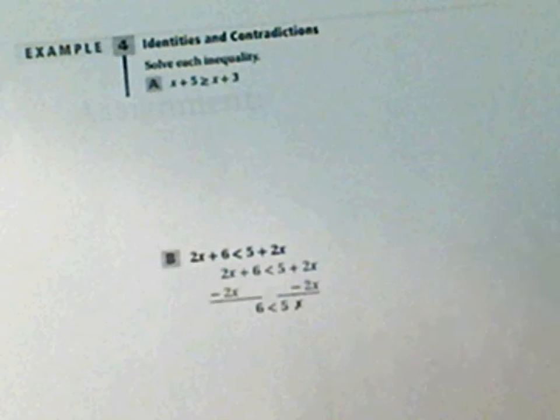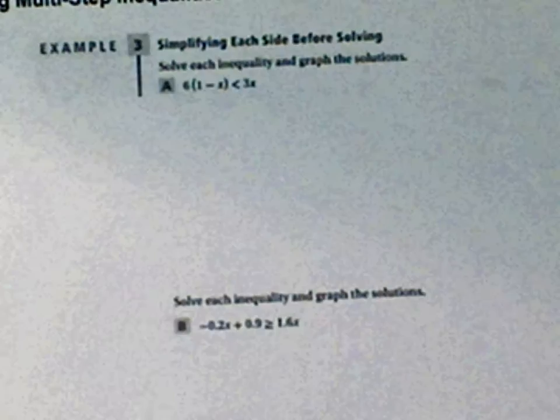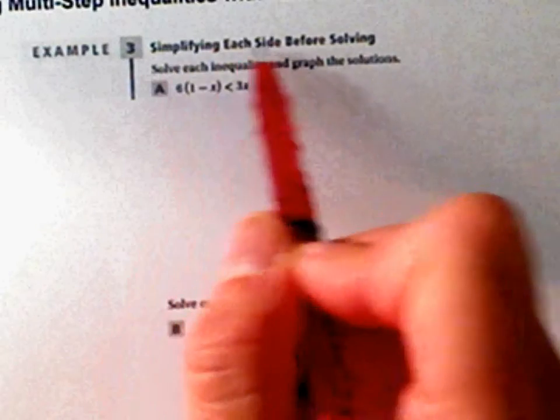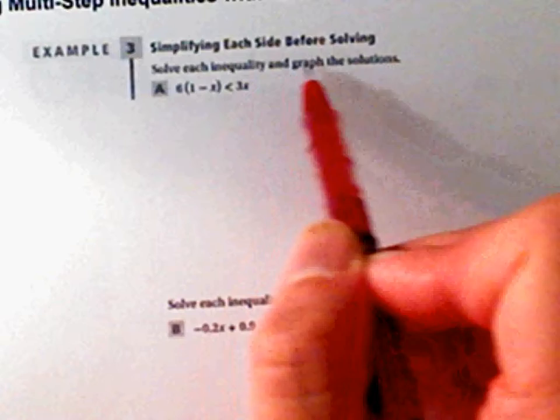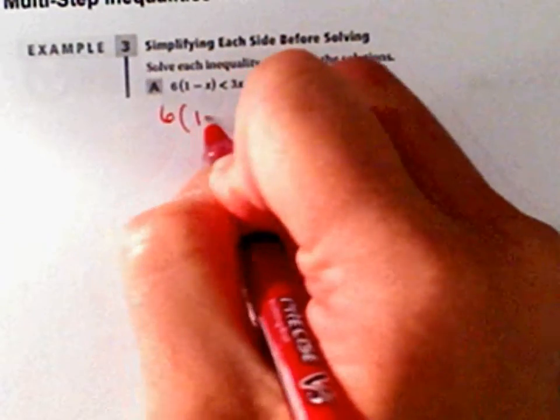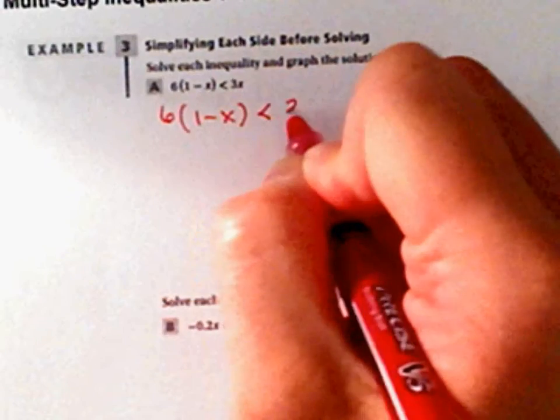Now write down example number 3. It says simplify each side before solving. Solve each inequality and graph the solutions. So A, you have 6 times 1 minus x is less than 3x.